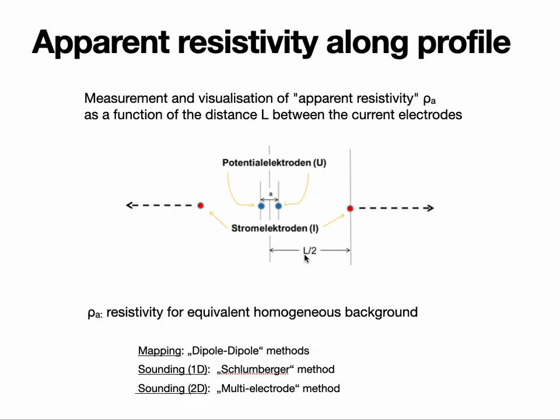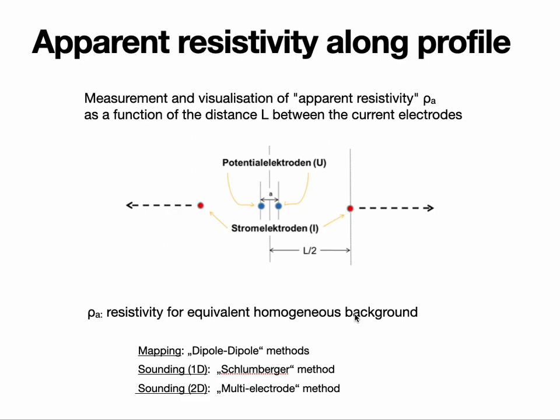To do this kind of measurement, we will play with the distances between potential electrodes and current electrodes. So this point is going to move. This point is going to move. What we call an apparent resistivity is the resistivity for an equivalent homogeneous background.